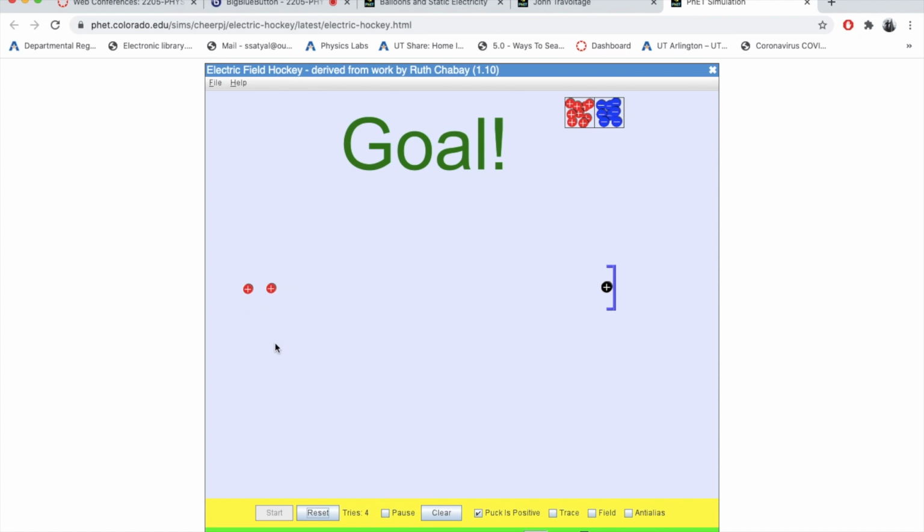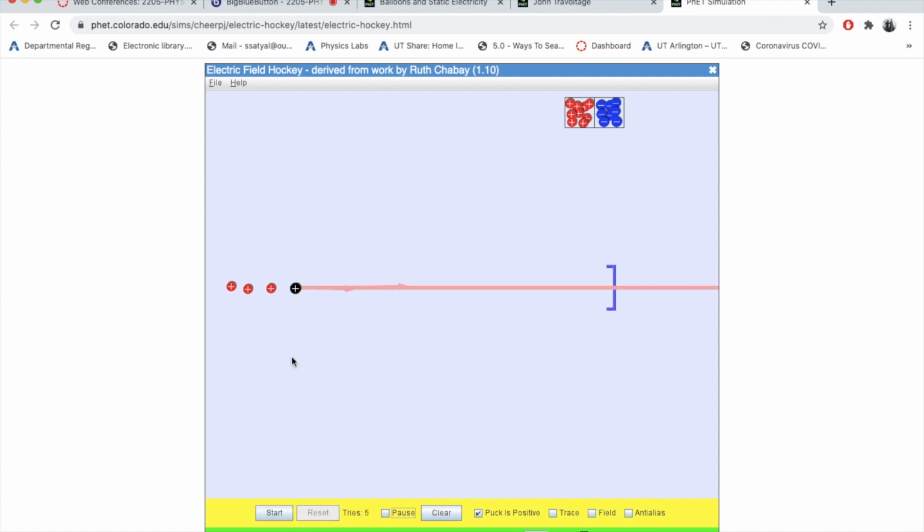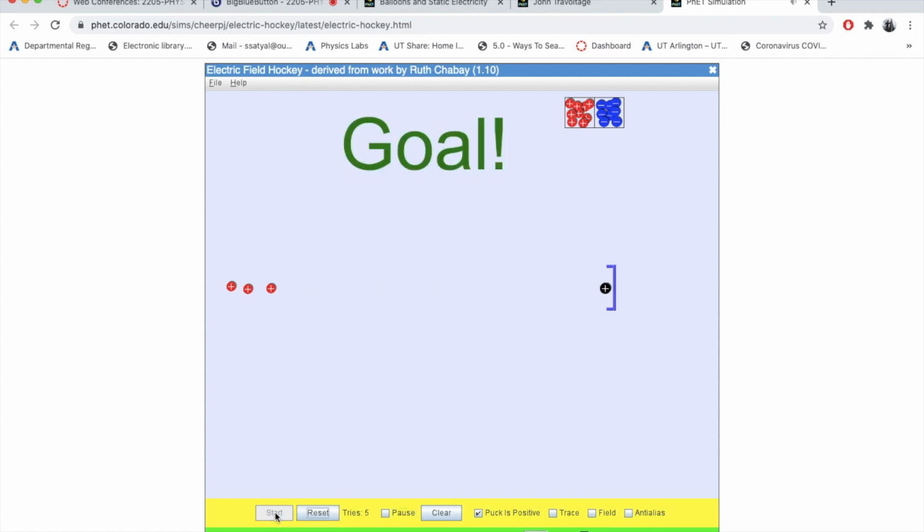And force is proportional to the product of the charges, so meaning more charge means more force. And so now I have three charges, it should be even faster.